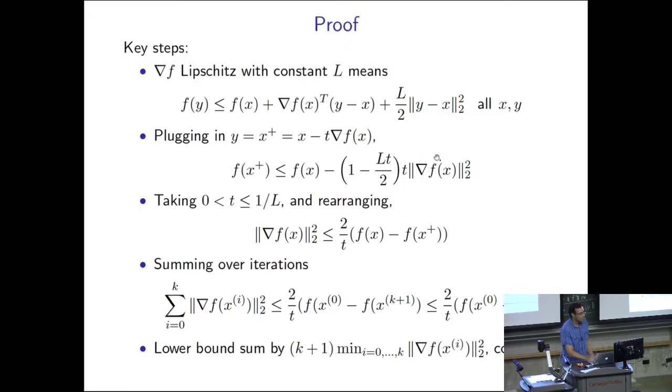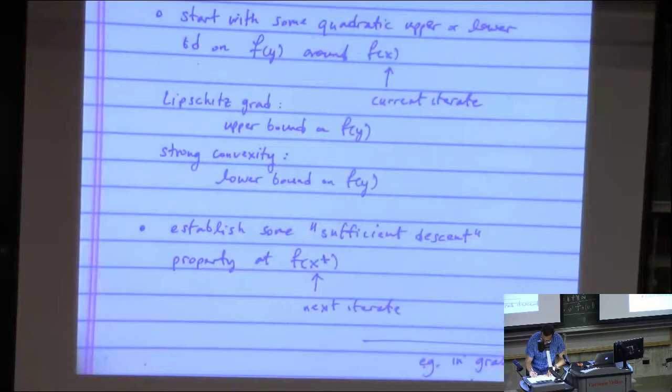As an example, this is what you do in your homework: in gradient descent with t less than or equal to 1 over L, we get that f of x plus is less than or equal to f of x minus t over 2 times the norm of the gradient squared.